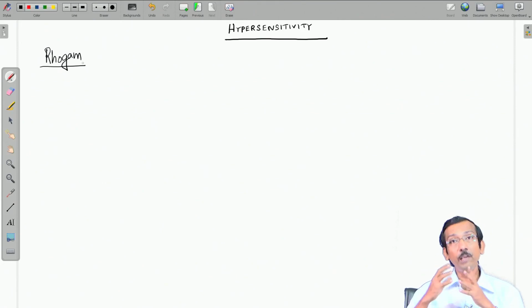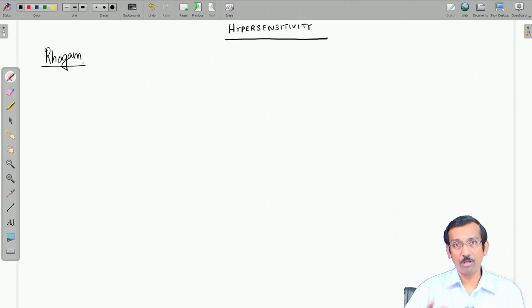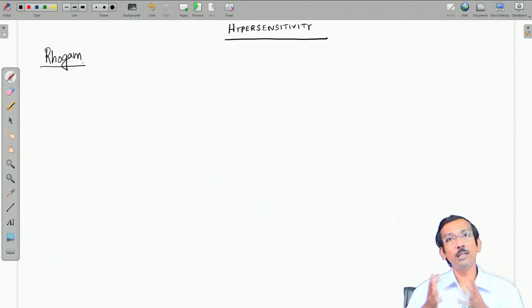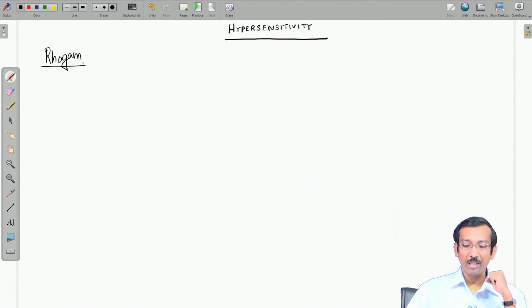Now, if there is nothing to phagocytose, there is no cell to phagocytose, what will the immune system do? What will this complex do? Then the phagocytic cell will try to phagocytose the antigen antibody complex.